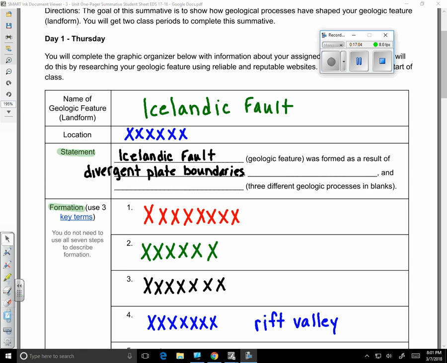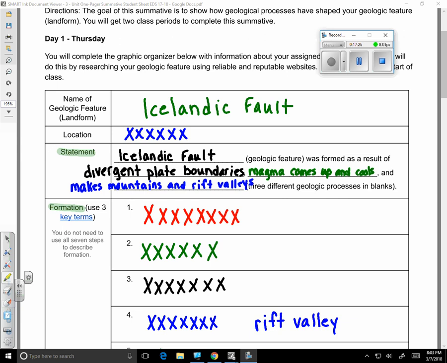Magma comes up and cools and makes mountains and rift valleys. Please pause if you need to.